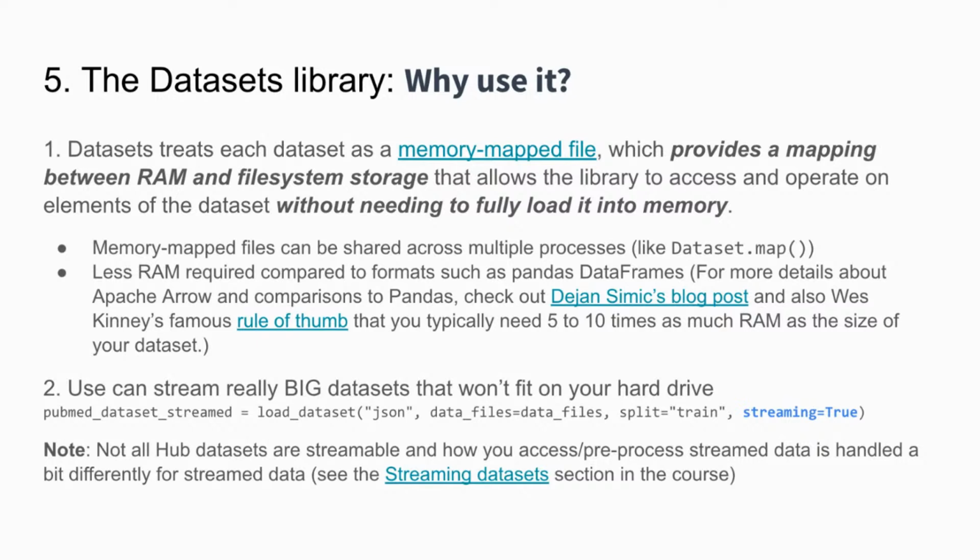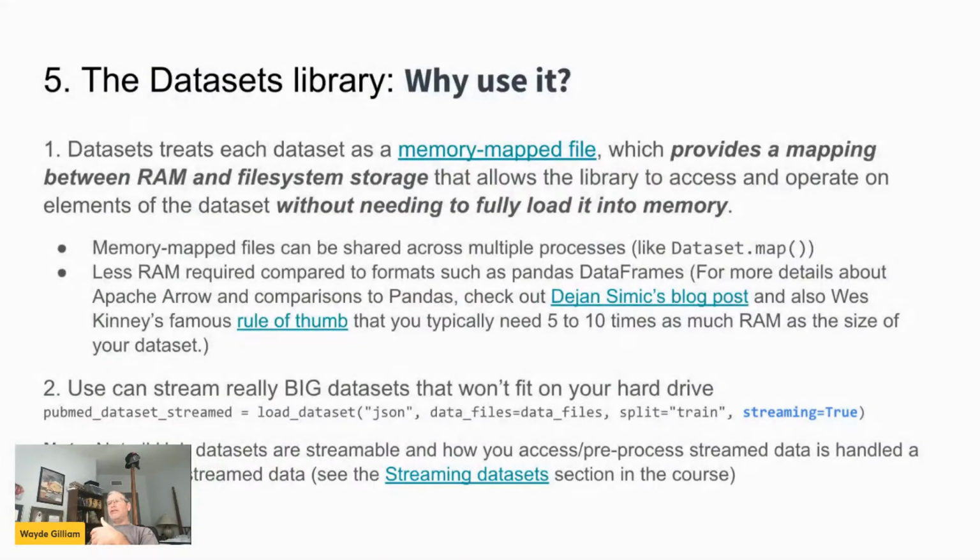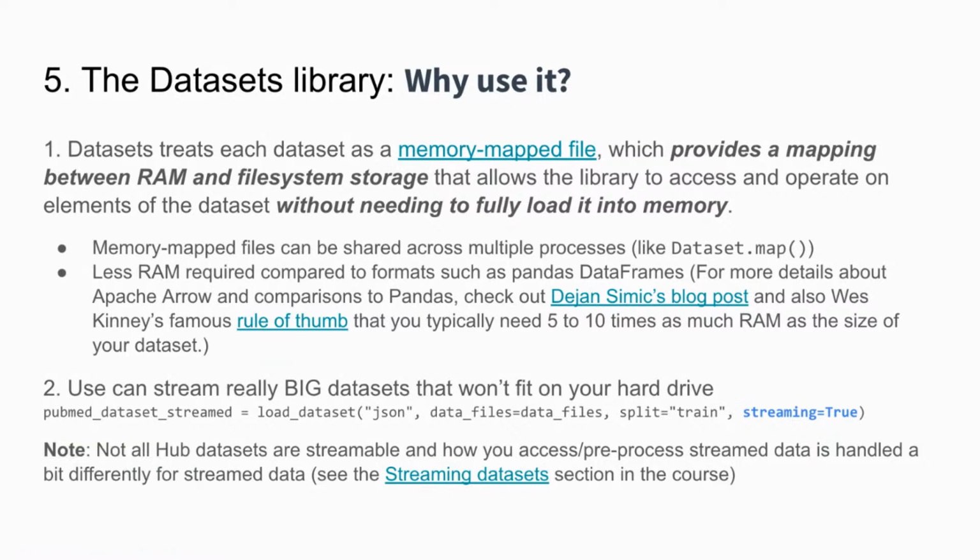These data sets are memory-mapped files, which means that when you're working with the elements in a data set, you don't have to load them all into memory. It also allows you to do multiprocessing. If you look at the dataset.map method, you'll see that we can tokenize things in batches really quickly, and it's because of how these data sets are stored.